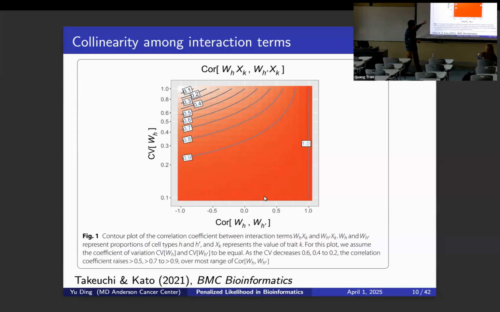Basically, what we can see is that once the covariance of W gets lower and lower, we tend to have a strong correlation between different cell types in this data set, which means the cell types are highly correlated. So it is quite difficult to handle such cases, right?